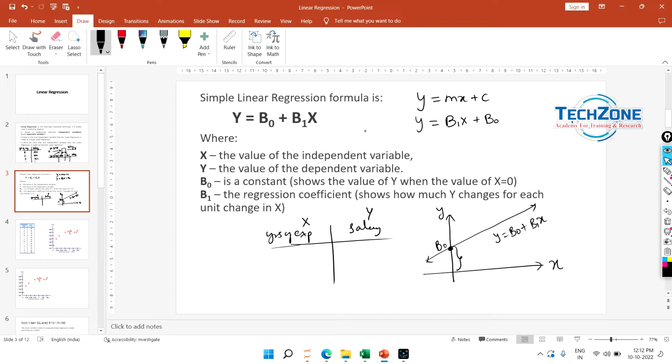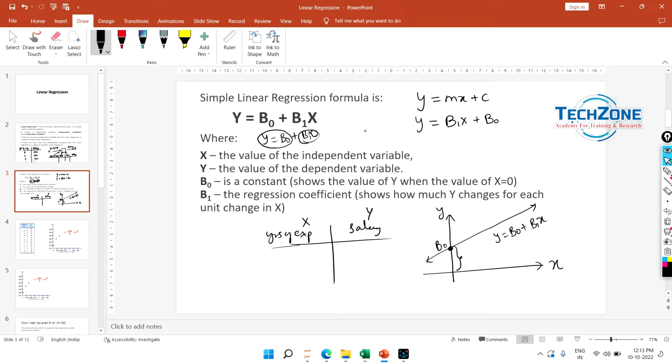If you substitute x is equal to 0 in this, this whole term will become 0. We are left with only y is equal to b0. So when x is equal to 0, y will be equal to b0.